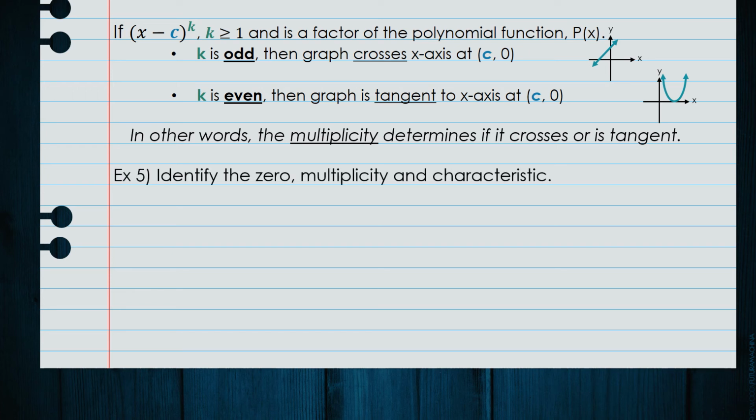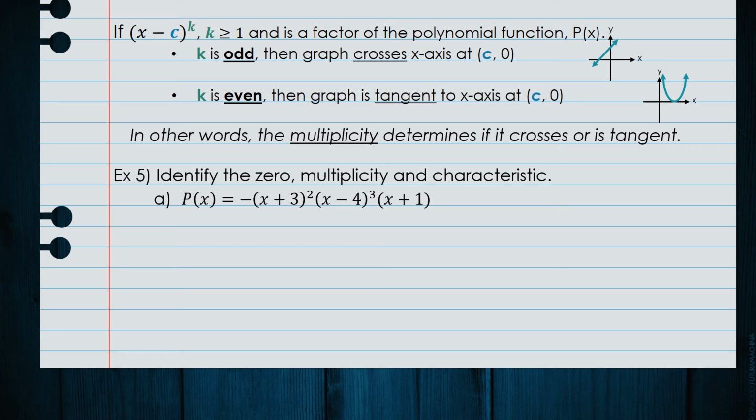Example 5. Identify the zeros, multiplicity, and the characteristic. So for A, we have p of x equals negative, parenthesis, x plus 3, close parentheses, raised to the power of 2, times x minus 4 raised to the power of 3, times x plus 1.